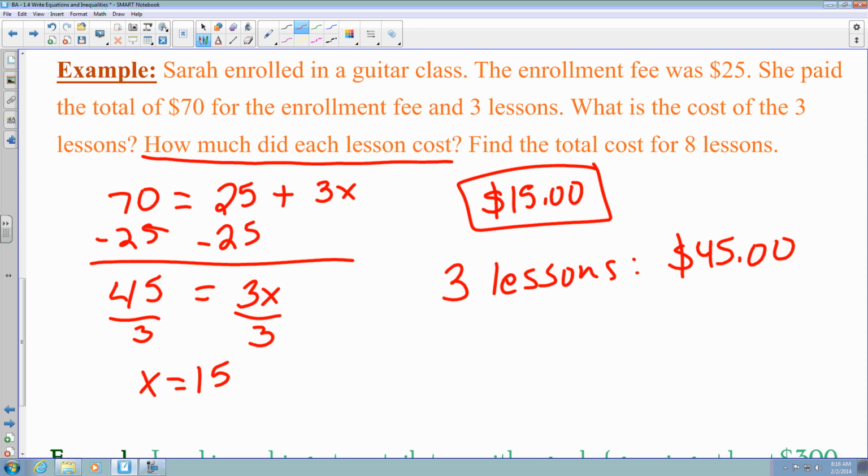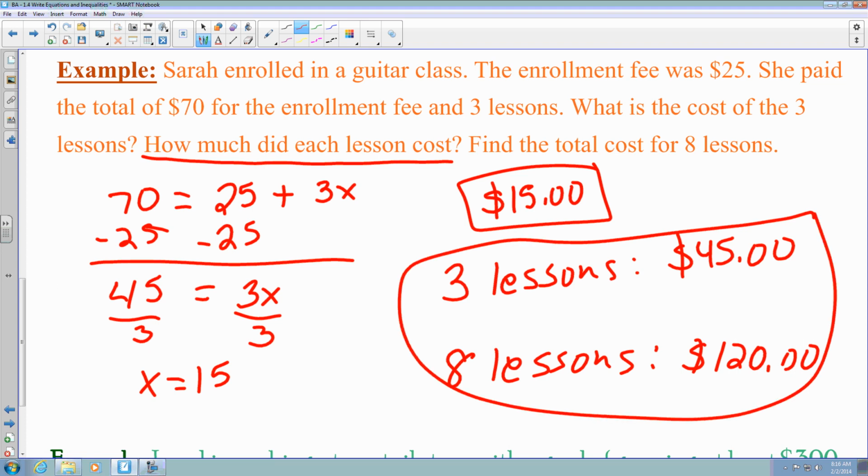And then the last thing, we need to find what 8 sessions cost. So I'm going to take that 15, multiply it by 8, and that is $120. So I got all 3 questions answered from that one equation.